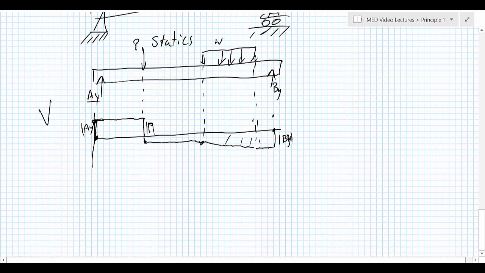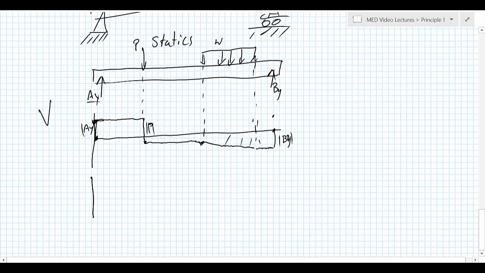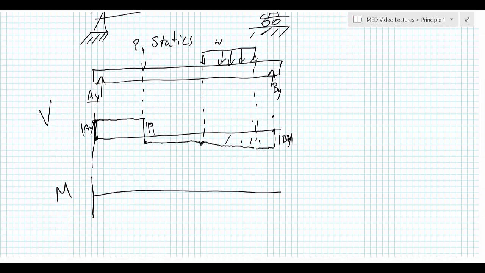So now we can think about the bending moment diagram. The bending moment diagram is the integral of the shear diagram. And we can sit there and do the calculus if we want, or we can just remember the integral is the same thing as saying the area under the curve. So the area under this curve grows to a point, and then it starts to decrease statically to a point.